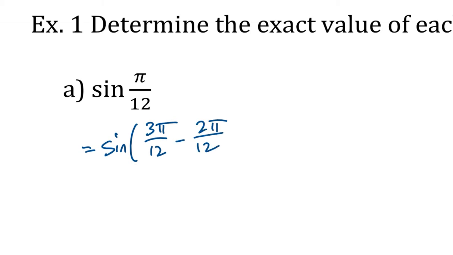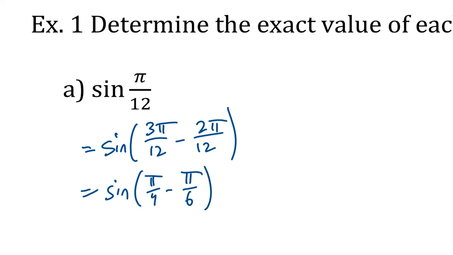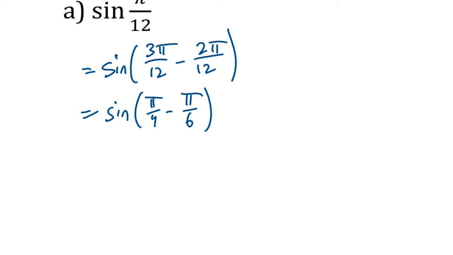Right, so that's your first step, is to come up with, from that same list, a sum or difference that gives you the angle that's given in the question. Next step, reduce them. You'll also notice that every single time you're using a pi by 4 and either a pi by 6 or a pi by 3, that absolutely is true. That will happen.